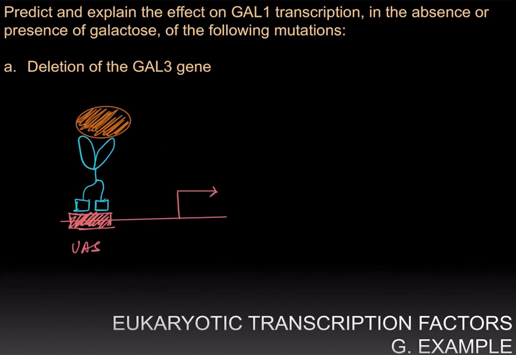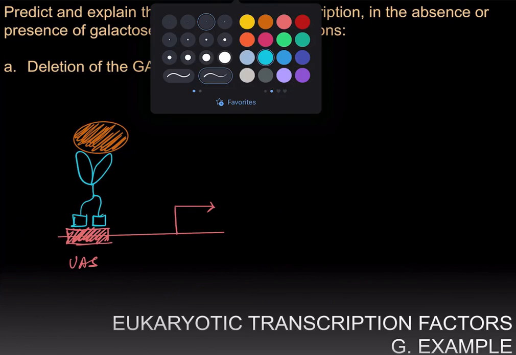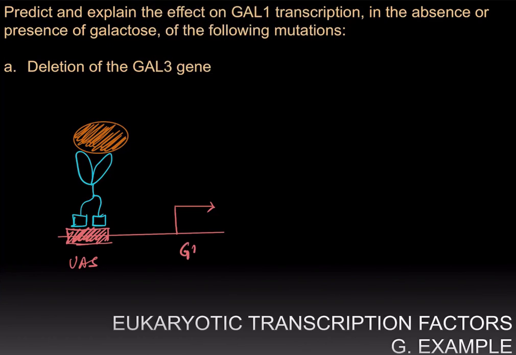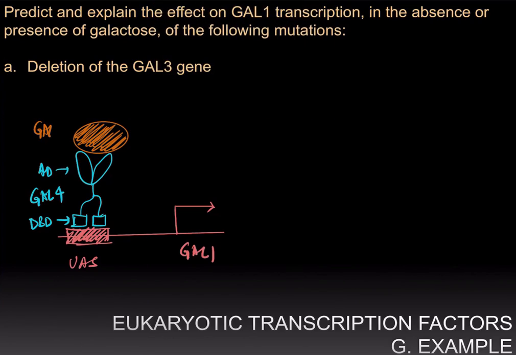So here is the GAL1 gene with the upstream activating sequences and GAL4 bound to the upstream activating sequences with the activation domain and the DNA binding domain over here, and this is the GAL80 protein that binds to the GAL4 activation domain.